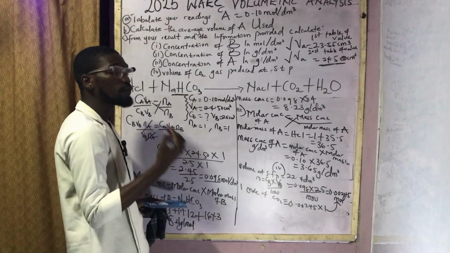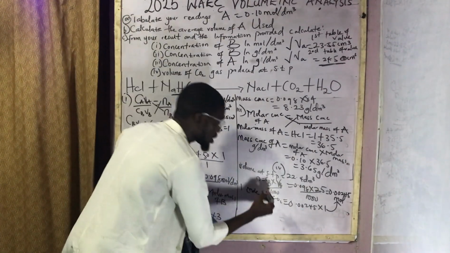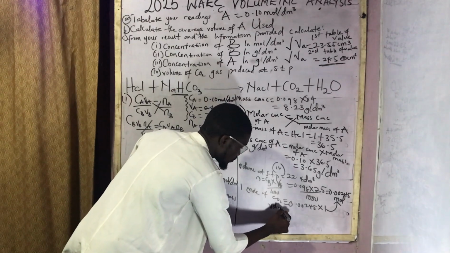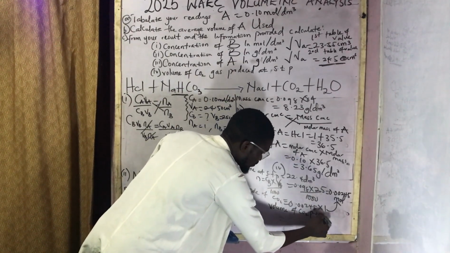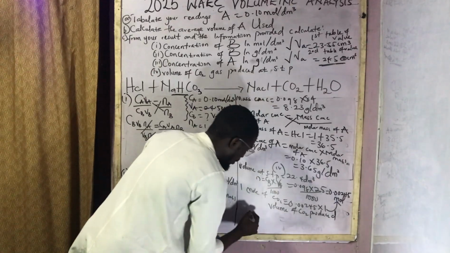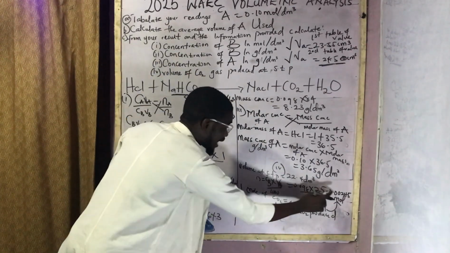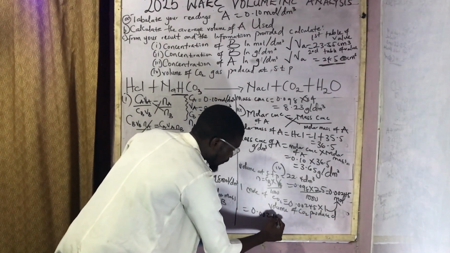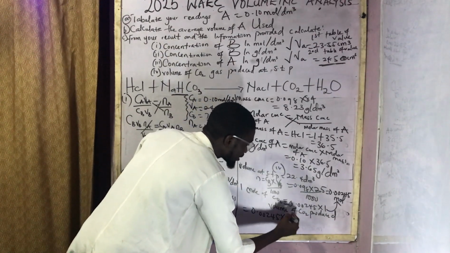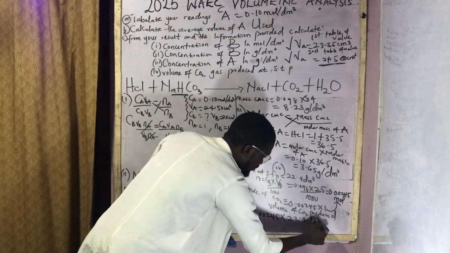So now the volume of CO2 produced will be the value given here, the molar volume at STP, multiplied by the value we have here. That will be 0.00245 multiplied by 22.4 dm cube.